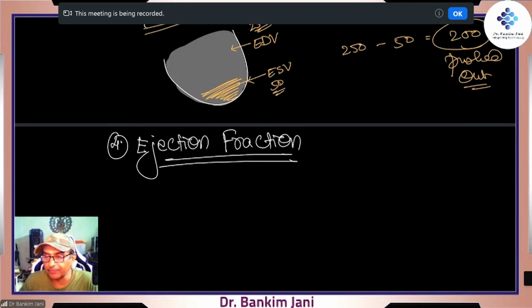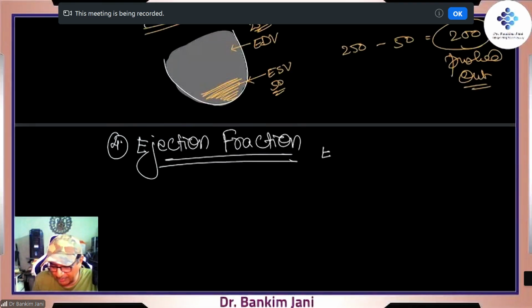If we say the ejection fraction is just 15%, that means there is so much damage to the myocardial muscle that it is unable to push the blood. The amount of blood at the end of diastole is almost the same amount lying at the end of systole. A small amount of blood is going, most of the blood is lying there only.